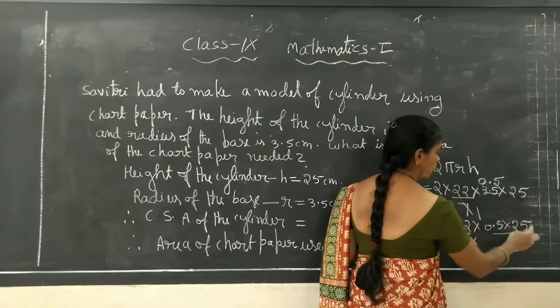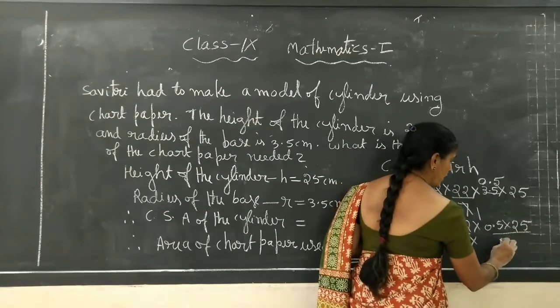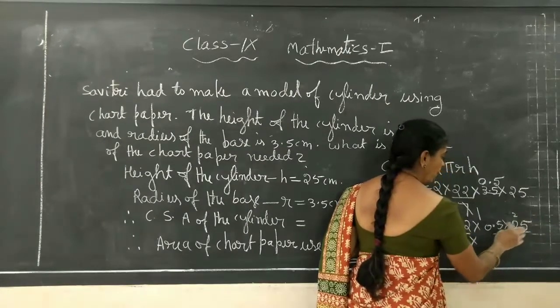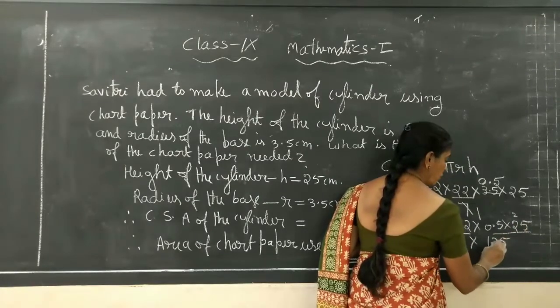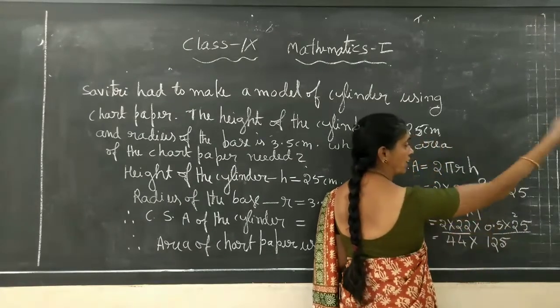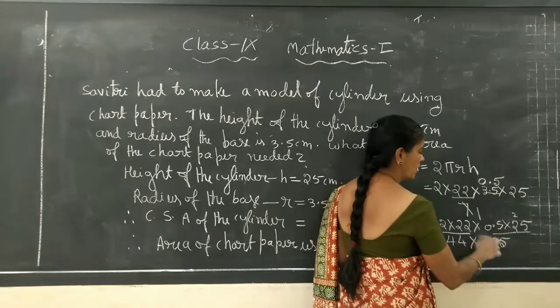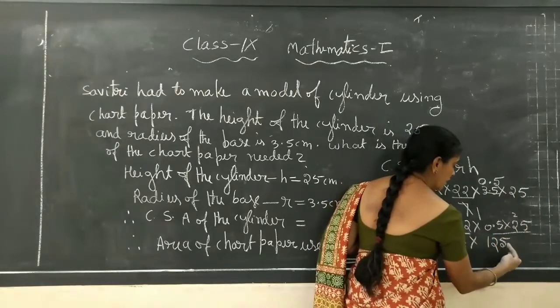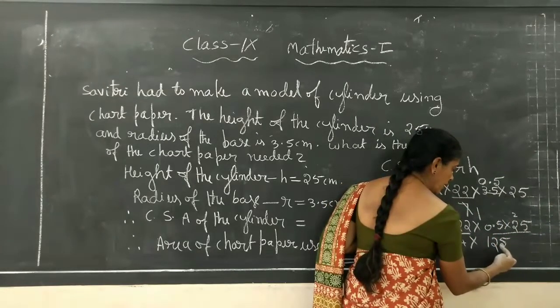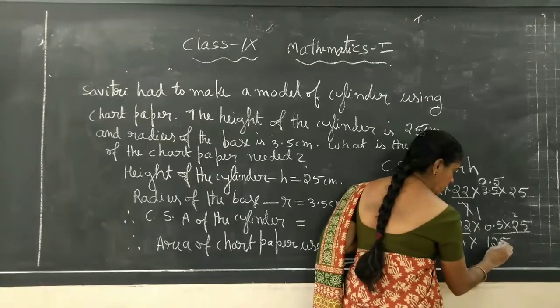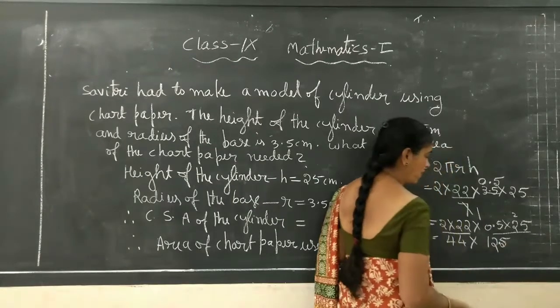First 5 into 25: 5 5s are 25, 2 in hand, 5 2s are 10, plus 2 is 12. After one place on the right side a point is there, so in the answer also leave one place and put the point. So it is 12.5.